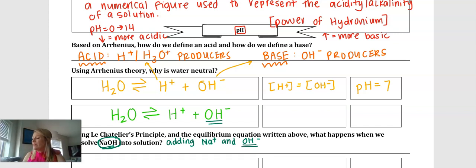So if I add OH minus, remember, if we add, we shift away. That means that our equilibrium will shift towards the left. Okay, so adding NaOH shifts the equilibrium to the left.